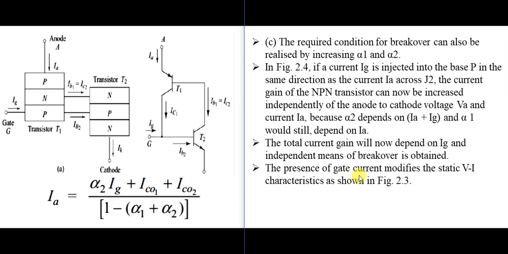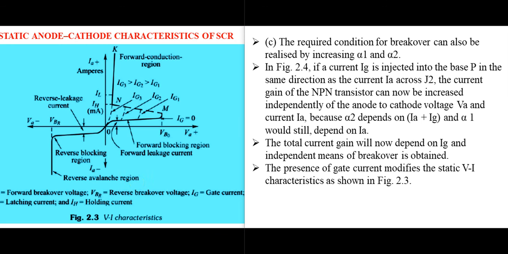The presence of gate current modifies the static characteristics, as we have earlier seen in the VI characteristics. I will show you again. So in this diagram, as we can see, the presence of this gate current IG0, IG1, IG2, 3 and so on has modified the static characteristics of the SCR.